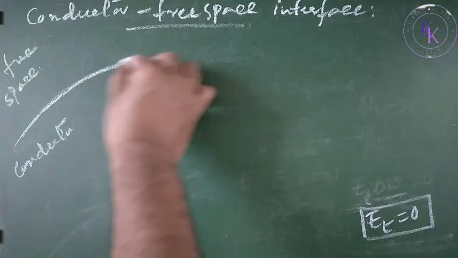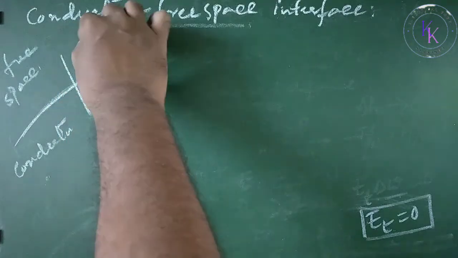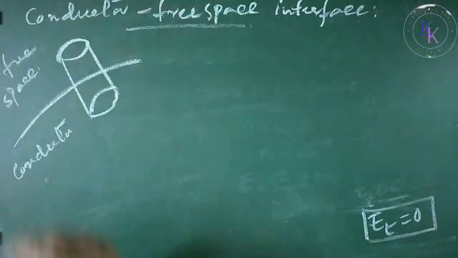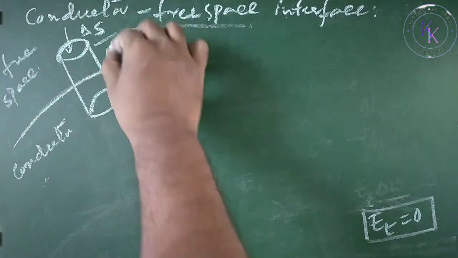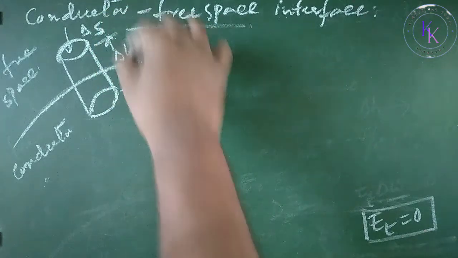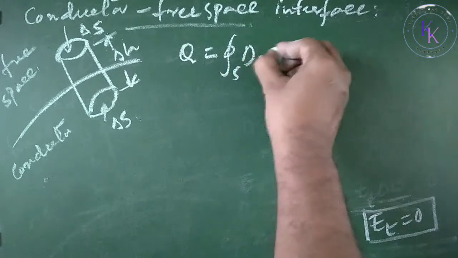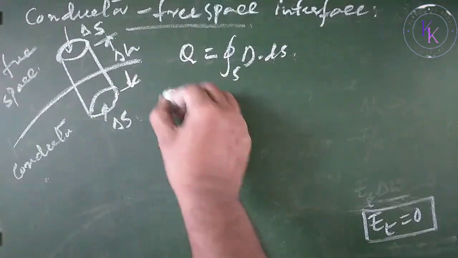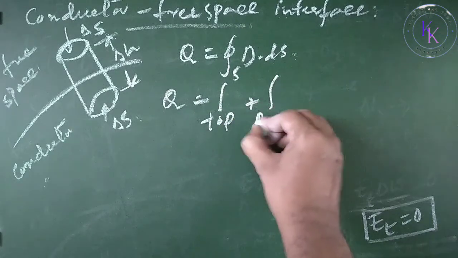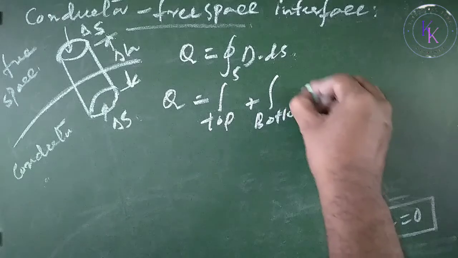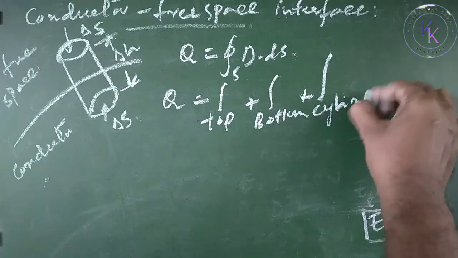So here we have an insulating medium, a conductor and free space. Here I am considering a cylindrical surface. This is delta S. The height of the cylinder is delta H. Q equals the closed surface integral of D dot dS. Q equals integral over the top plus integral over the bottom plus the cylindrical surface.